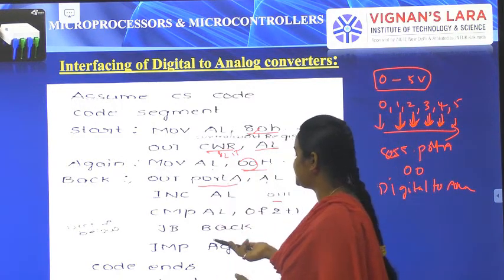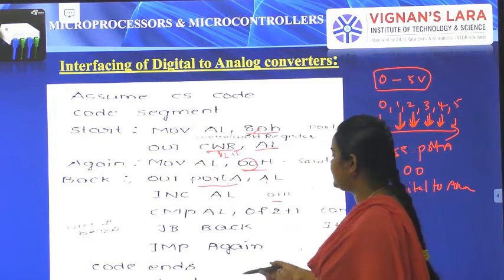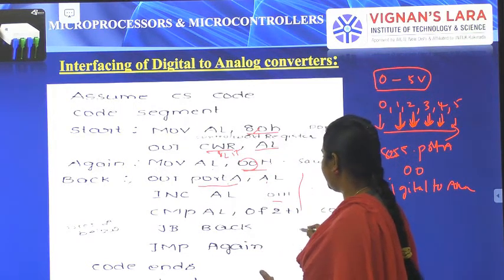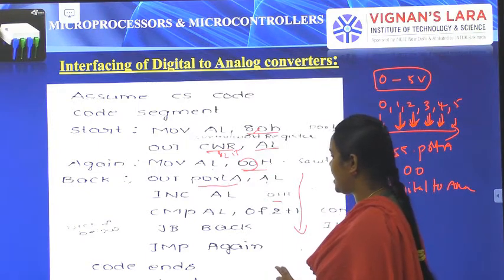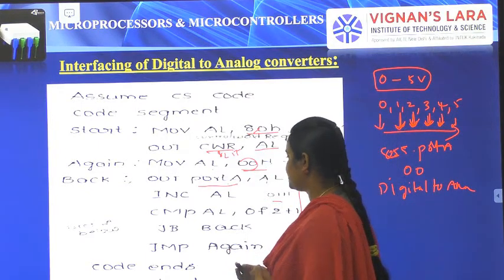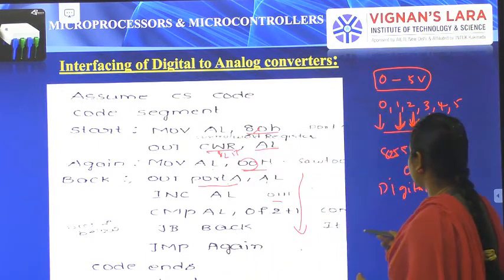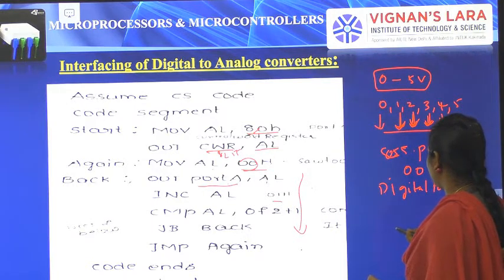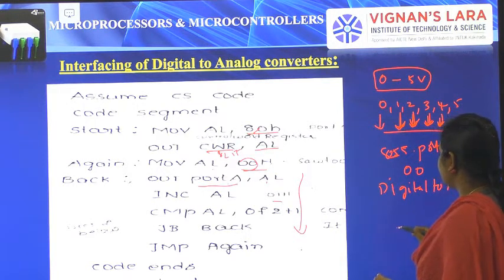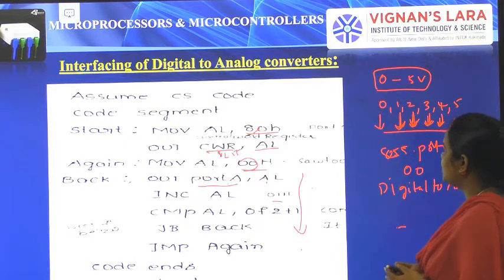That means it initializes the first step, repeats the step until there are no more values, and the code ends. So it will give the analog output as a sawtooth waveform. So this is the code.